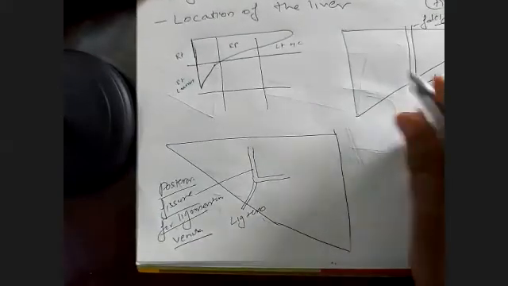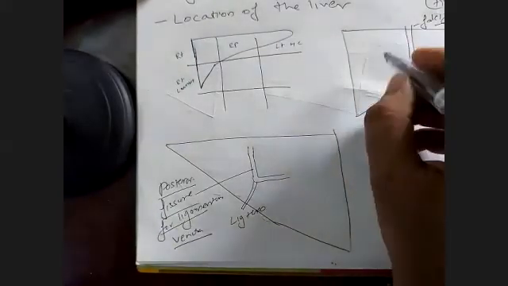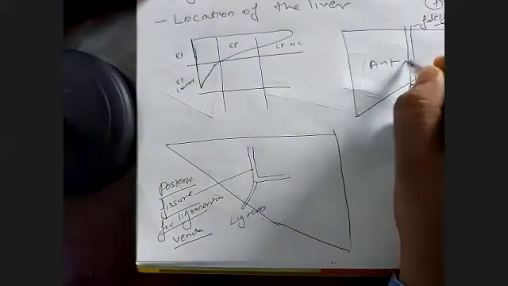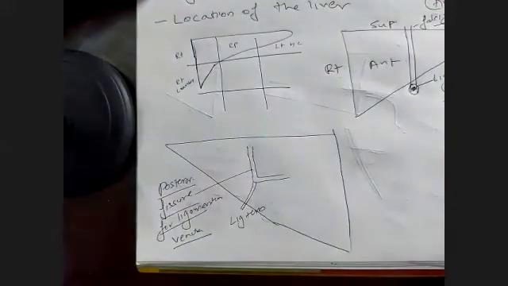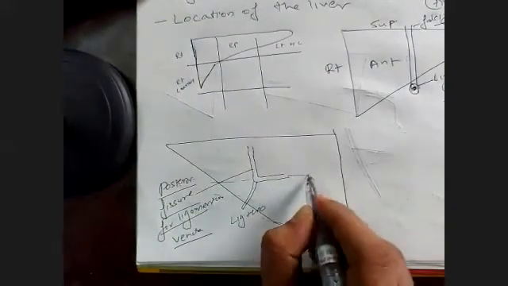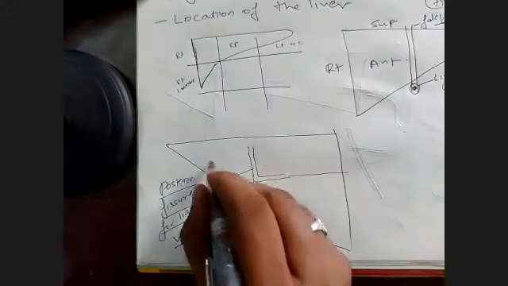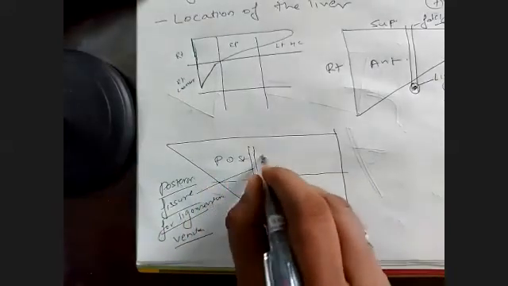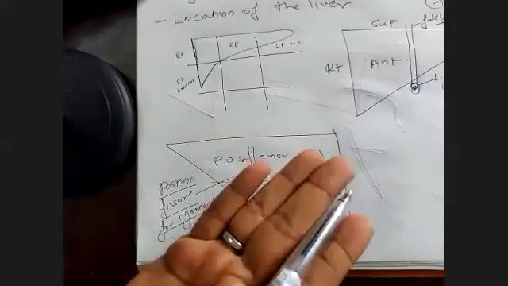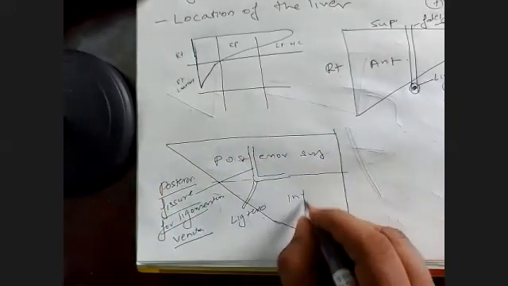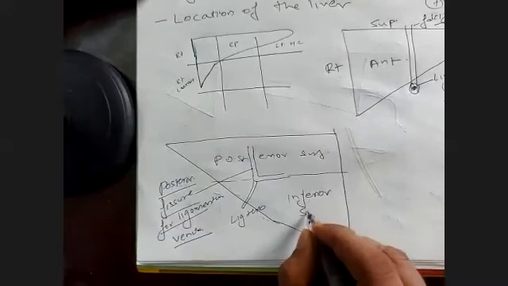Now the surfaces of the liver, we can see here, this is the anterior surface, this is the superior surface, this is the right surface. On the posterior aspect, there are 2 surfaces. This surface is the posterior surface. And this surface goes slightly like this below this, and this surface is the inferior surface.